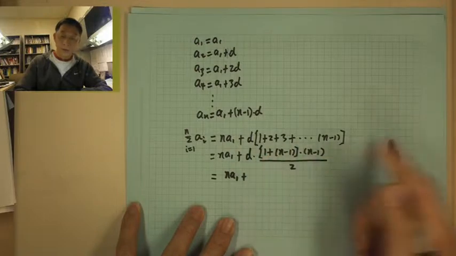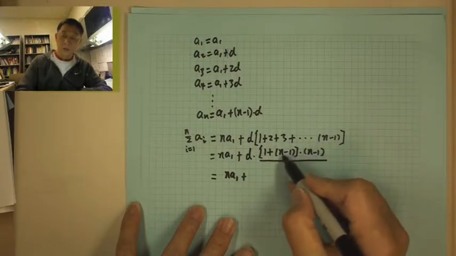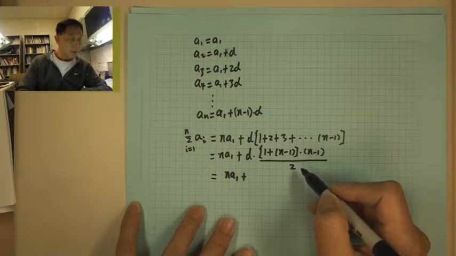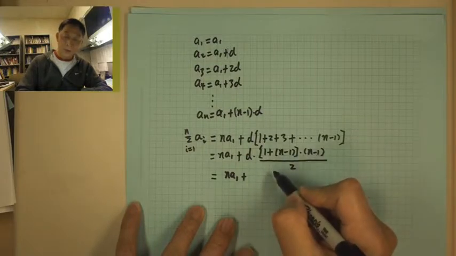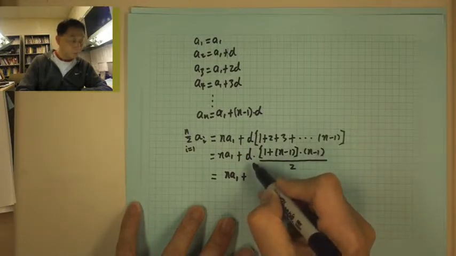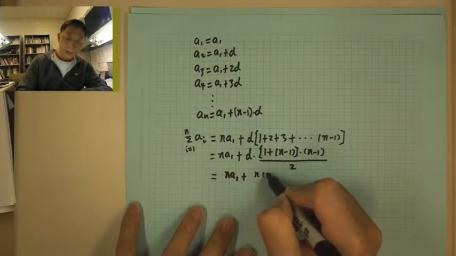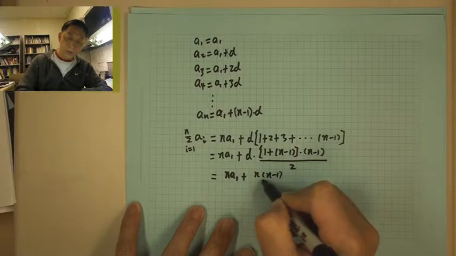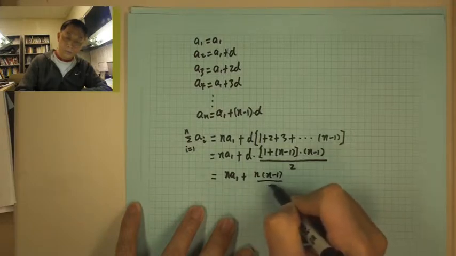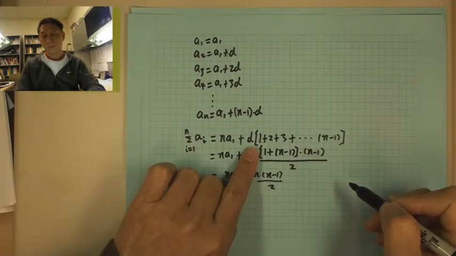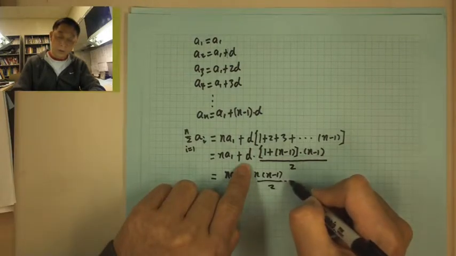So this positive negative will cancel each other. What we get will be n a1 left, and then n minus 1 divided by 2. And we have a d, so you put d here.